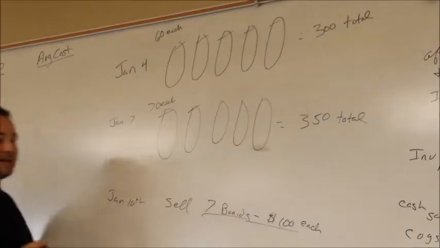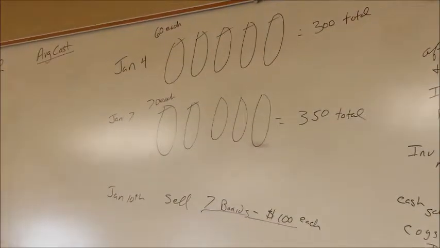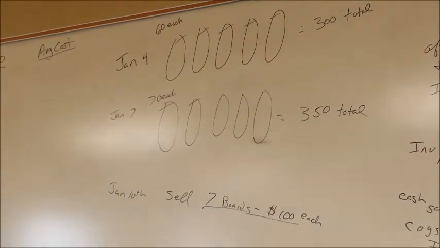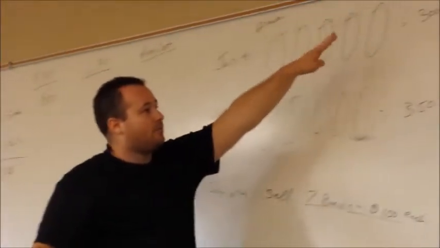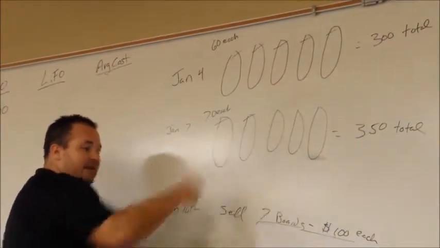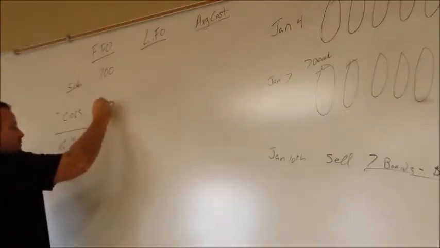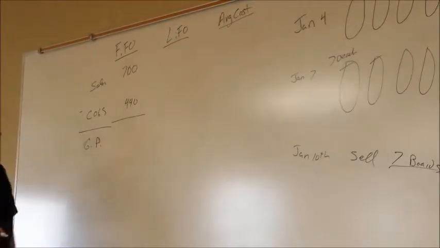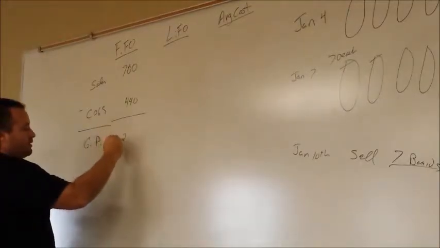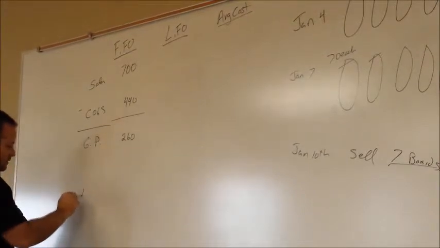and I sold these guys. So my cost of goods sold is the $300 up here, all of them, plus 70, plus 70. Gross profit of $260.